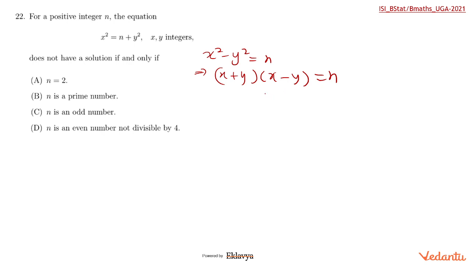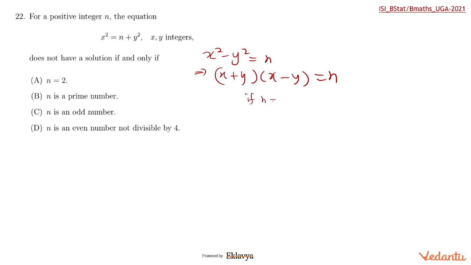तो whenever n is prime, जैसे हमने n को कोई भी ऑड प्राइम ले लिया या ऑड ले लिया n को. If n is odd, we have choices for x and y.